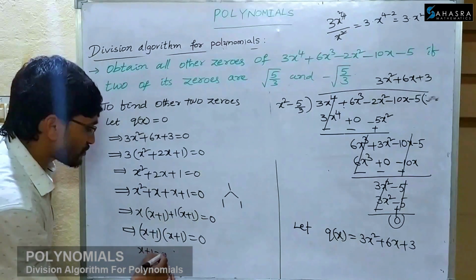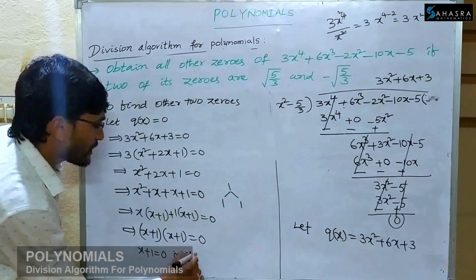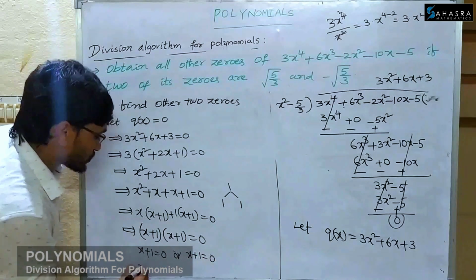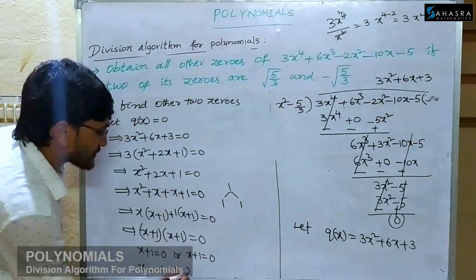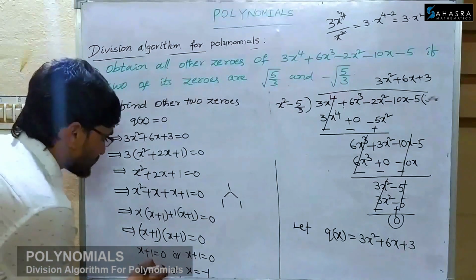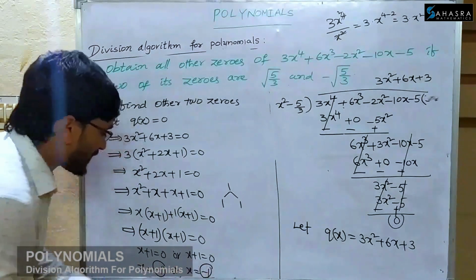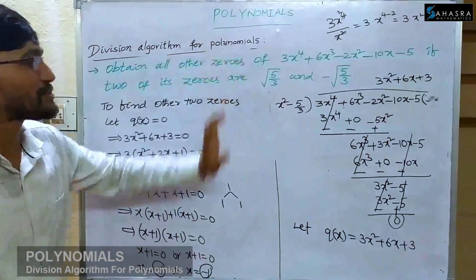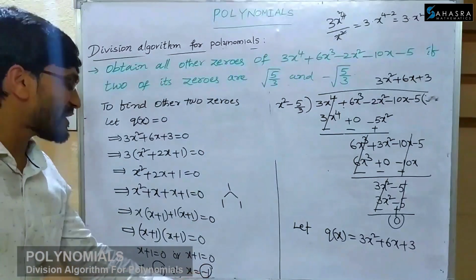That means x plus 1 equal to 0 or x plus 1 is equal to 0. So x is equal to minus 1 or x is equal to minus 1. So minus 1 and minus 1 are the other two zeros of this polynomial. Here we get two equal zeros.